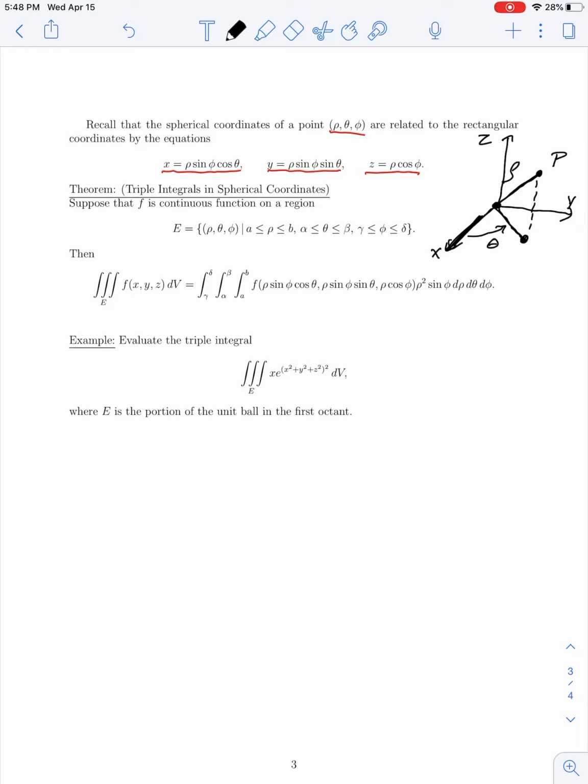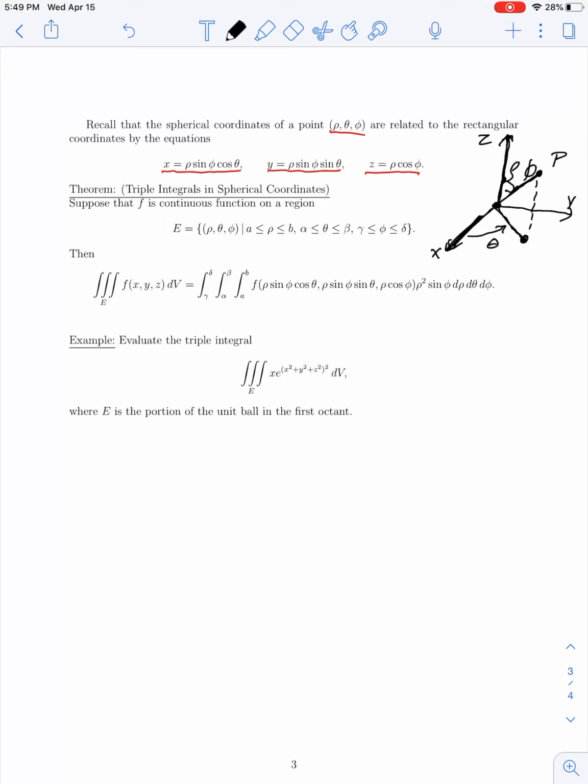And our last value for spherical coordinates, phi, is the angle measure from the positive z-axis downward to the line which connects the origin to my point. So it's a measure of how far we're rotating downward from the z-axis.